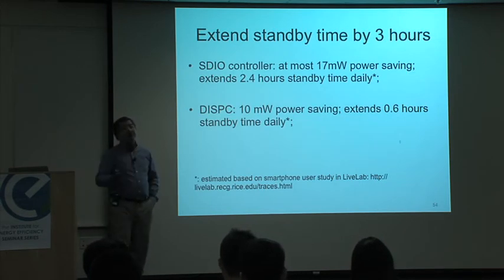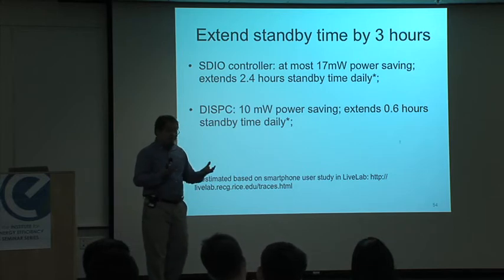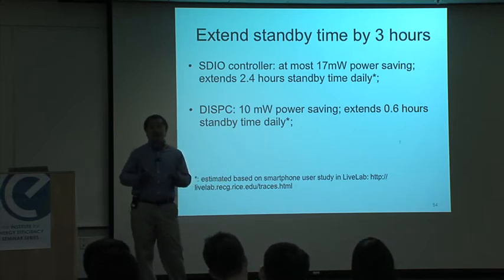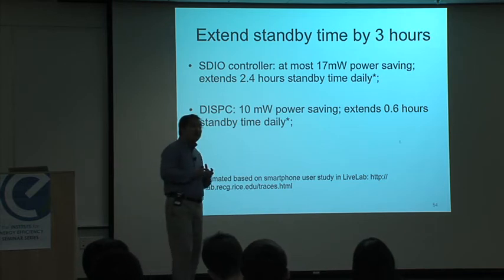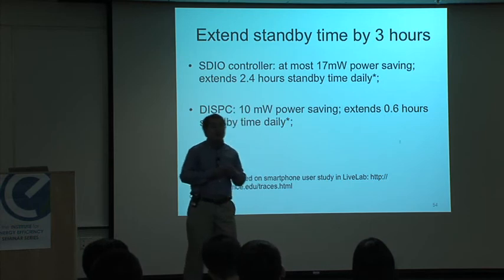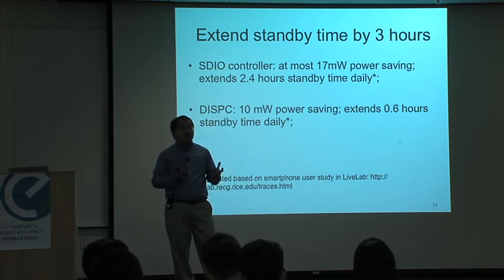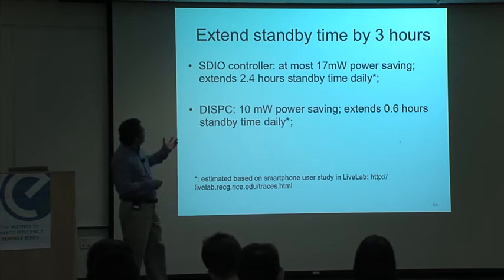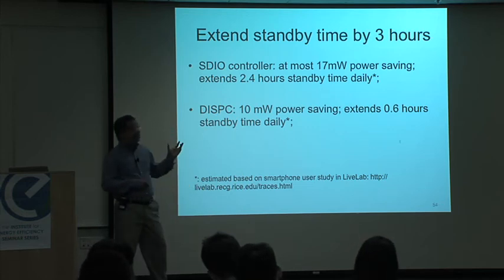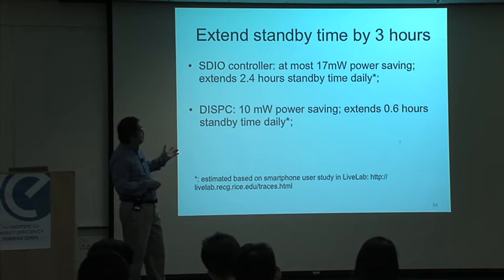Now, how significant are these results? It's about 3 hours of standby lifetime if you put it on a Galaxy Nexus, which is not that big. I hope I could say I doubled your battery lifetime, but 3 hours is what we can see, right? For the SDIO controller, it's about 2.4 hours, saving about 17 milliwatts.